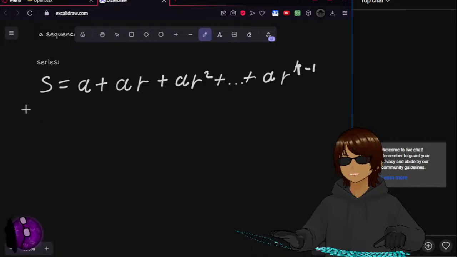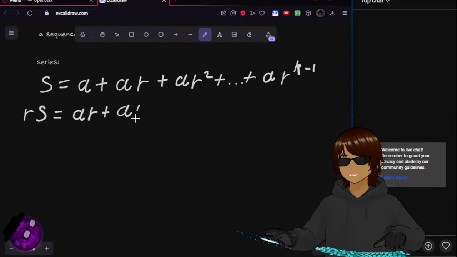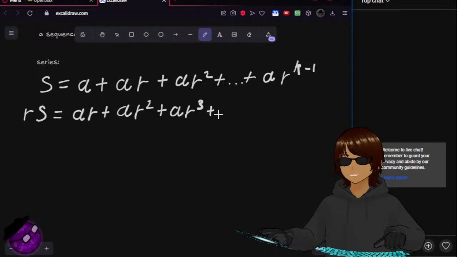So then if I multiply this with r, I have ar, plus ar squared, plus ar cubed, plus ar to the power of k.